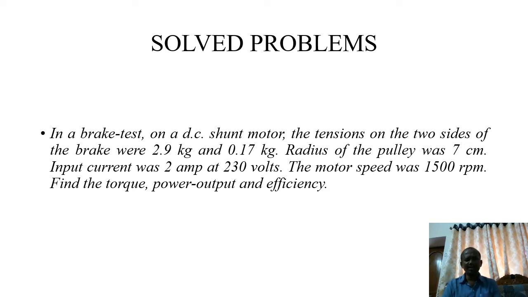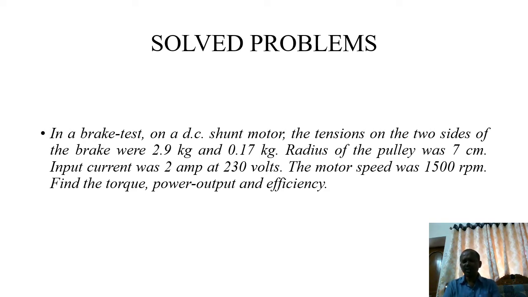In a brake test on a DC shunt motor, the tensions on the two sides of the brake were 2.9 kg and 0.17 kg. So we are applying the spring balances, which show 2.9 kg and 0.17 kg.